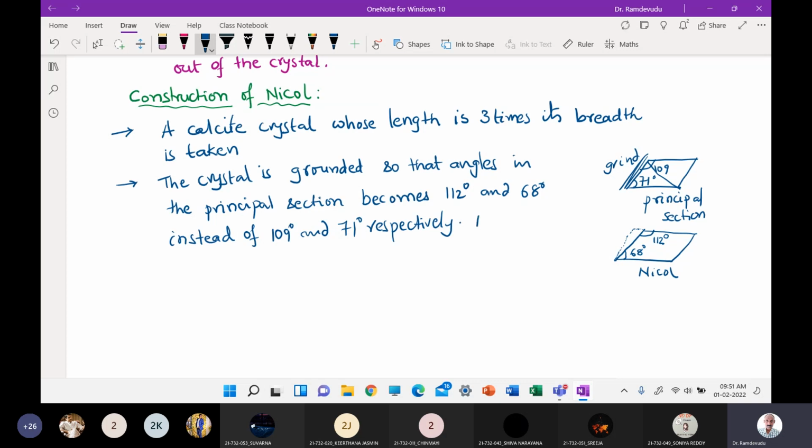Therefore this grinding process increases the field of view.